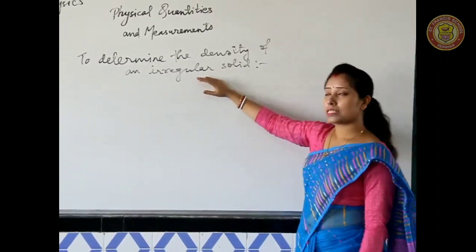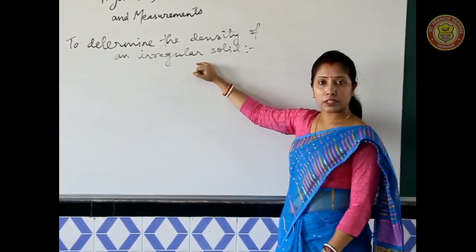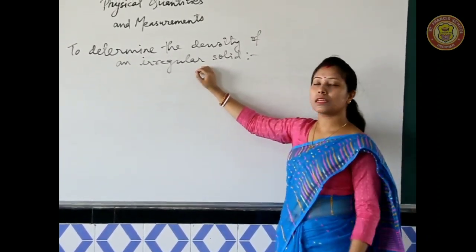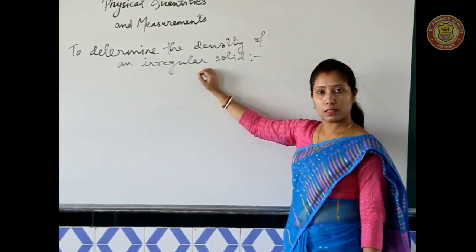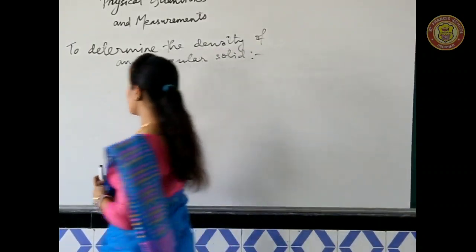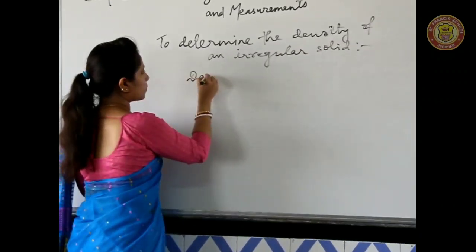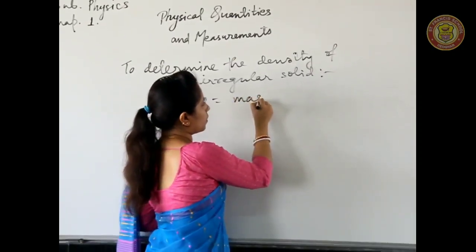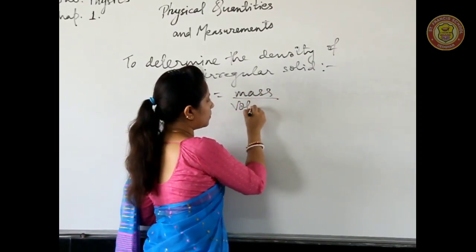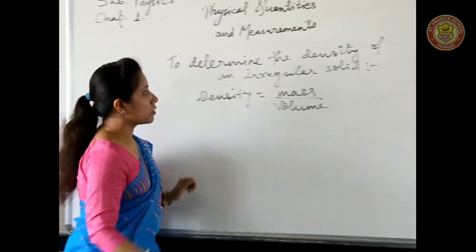So next is the mass of the irregular solid. The mass of the irregular solid can be found by using a physical balance. So density equals mass by volume.